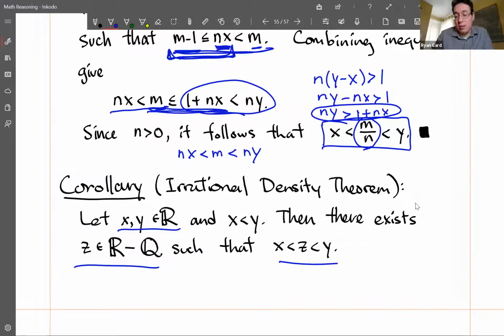This seems like just as important a theorem, but irrational density is actually not as useful because irrational numbers are not countable, and it doesn't give us too many more tools. But it's good to know. So let's prove that really quickly.